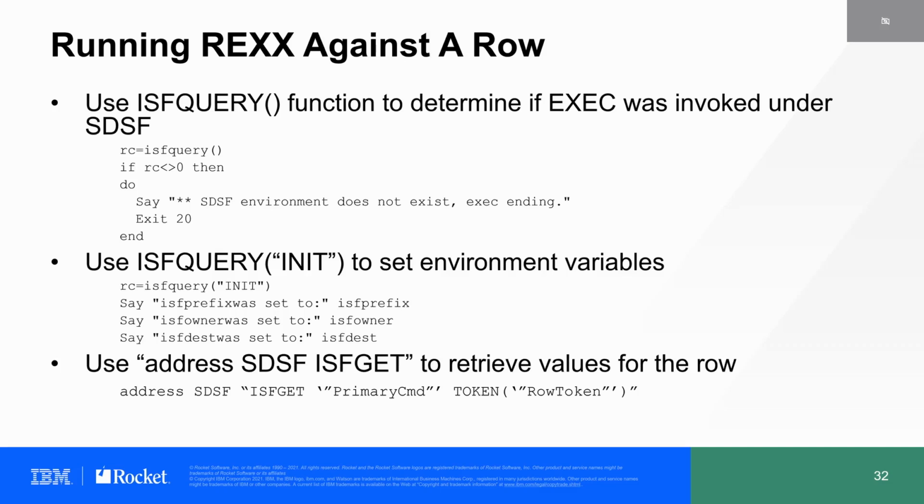But for getting back the row token values, we have an ADDRESS SDSF ISFGET function, and that allows you to go and get the values for the row that your exec has been issued against. Okay, so the ADDRESS SDSF ISFGET, the primary command, which you are passed as part of the arguments.